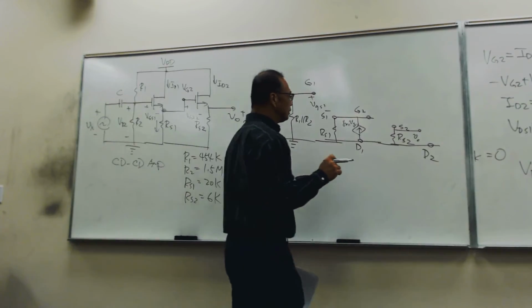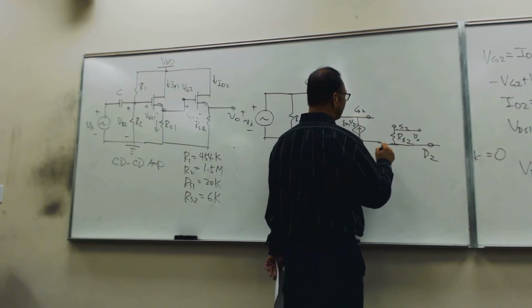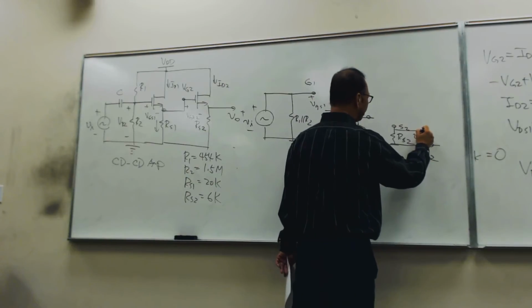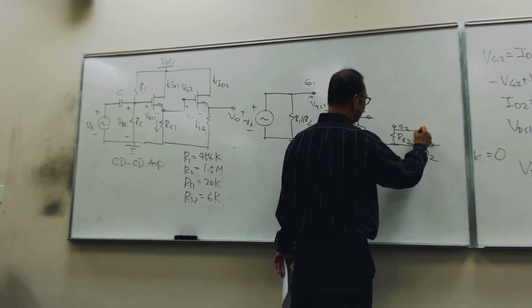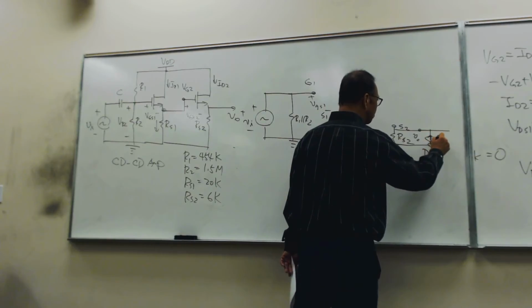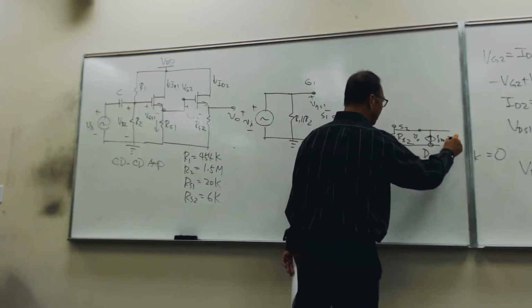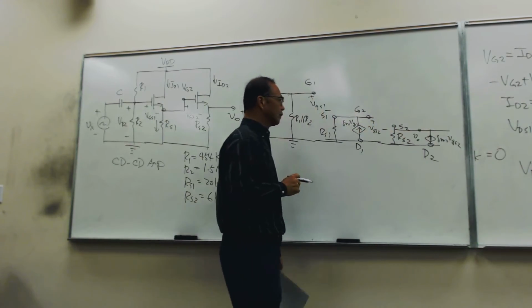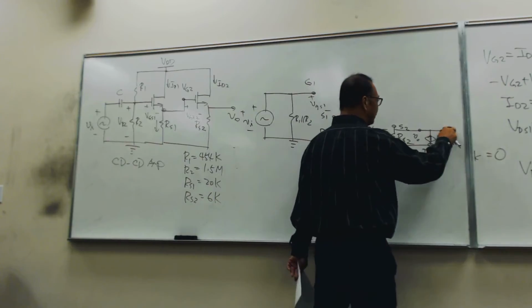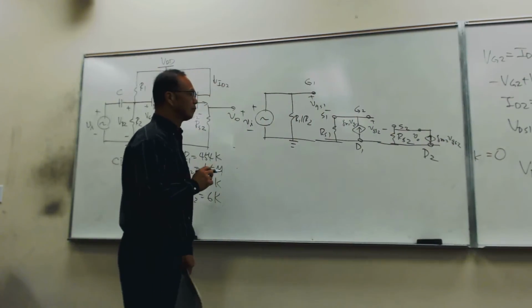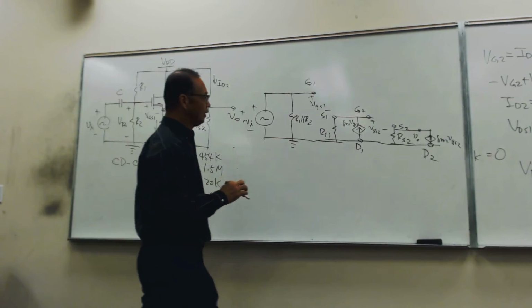Now, second one, drain to the source. So, gm2 VGS2, and VGS2. Okay, so that's it. But that's different than V out. And VL is here.